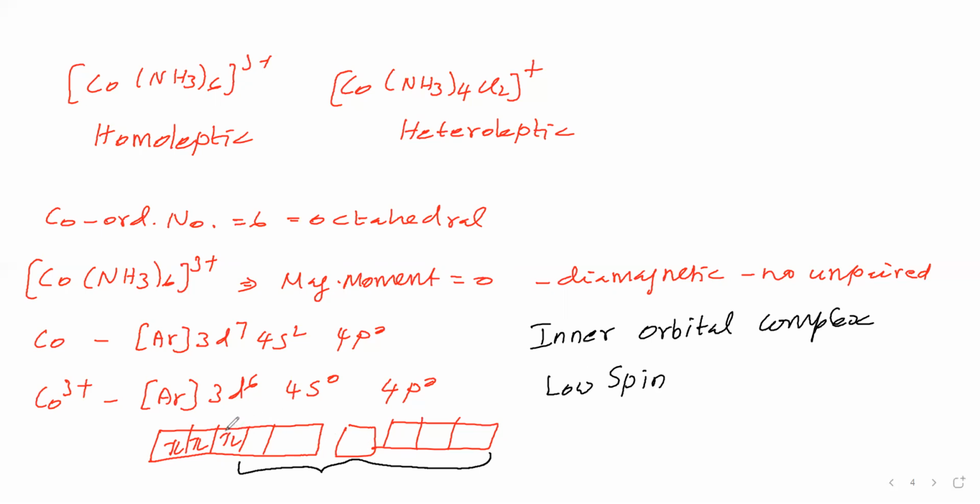We are disobeying Hund's rule, so 6 electrons are completely paired without unpairing. Therefore, we can call this a spin paired complex. So this [Co(NH3)6]3+ is called an inner orbital complex or low spin complex or spin paired complex, we can say.